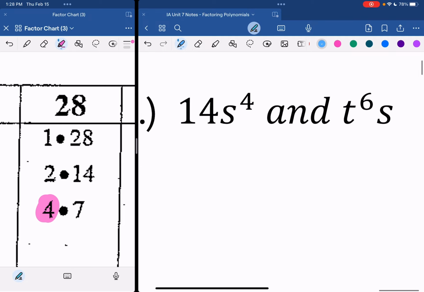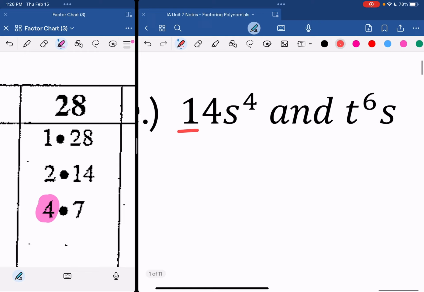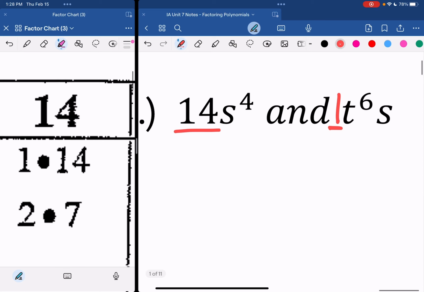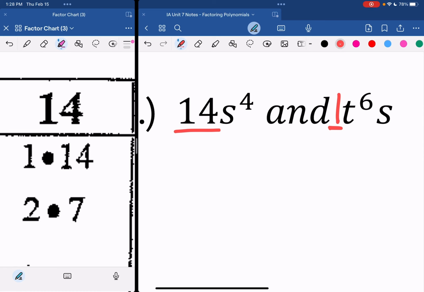E. So we have 14 and 1. Well, the only thing 14 and 1 have in common is the 1. So our greatest common factor is at least a 1.